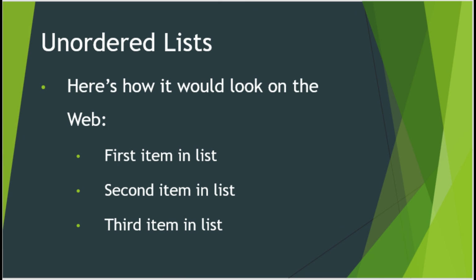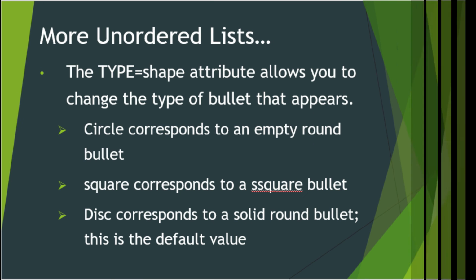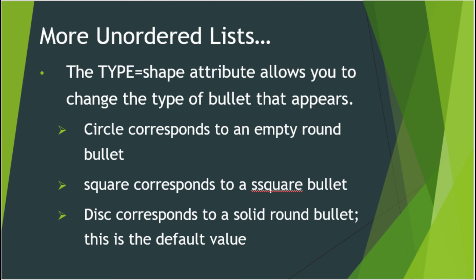The UL type has some values: circle, square and disk. Circle indicates an empty round bullet, square corresponds to a square bullet, and disk corresponds to a solid round bullet, which is the default value used in the unordered list.